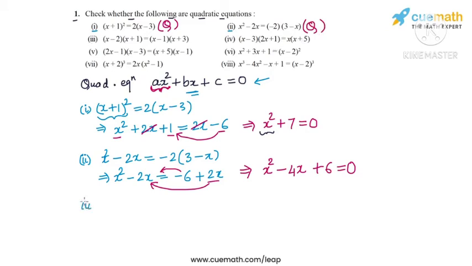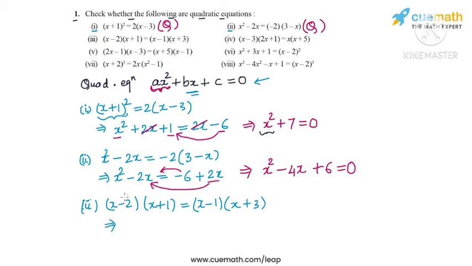In part 3, the equation is x minus 2 times x plus 1 is equal to x minus 1 times x plus 3. Now let's expand the products on both sides of this equation.